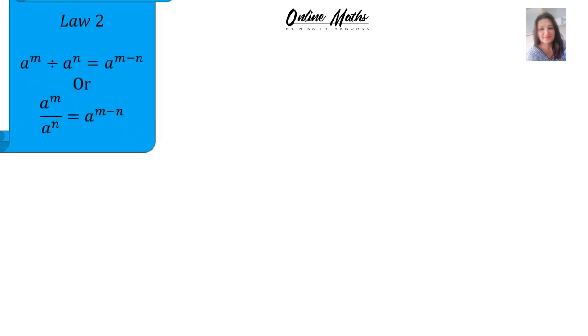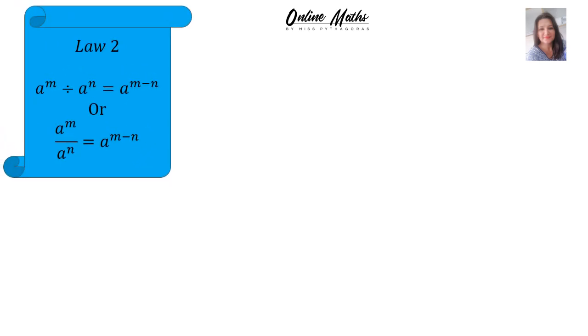Let's look at law 2. Now law 2 deals with division. And then again, we've got a to the m divide a to the n. And then the answer is the base is a, and on the exponents we subtract exponents, m minus n.